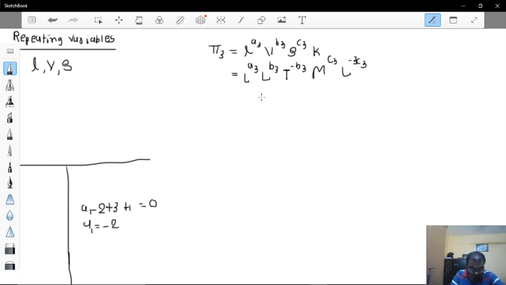Instead of K, that is bulk modulus, it is M1 L minus 1 T minus 2.